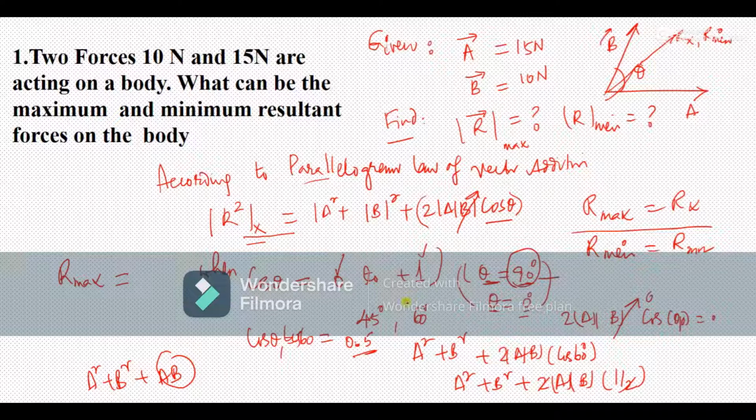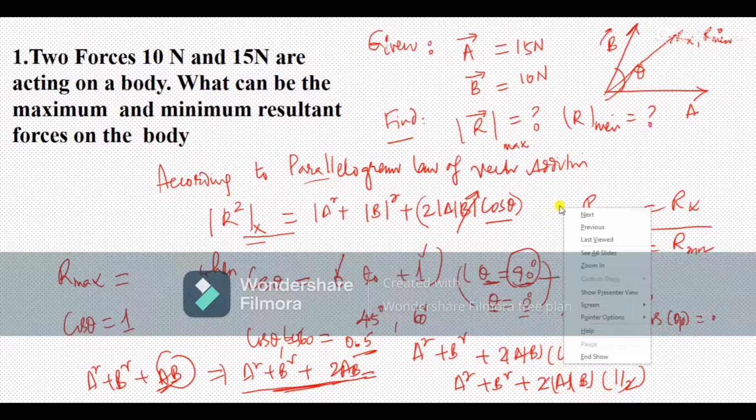Suppose cos theta is equal to 1, then this will become A square plus B square plus 2AB. Definitely this is AB and this is 2AB, so when adding these, this will have a maximum value. Let's write this.